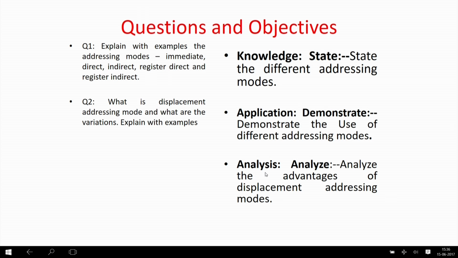Of course, this will help you solve the objective of analyzing the advantages of displacement addressing modes compared to other addressing modes like immediate, direct, and so forth. So, just by completing this unit, you will be able to state, demonstrate and analyze the advantages and disadvantages of different addressing modes, the cost, what you achieve, and how complicated one addressing mode is compared to another, but what it gains.